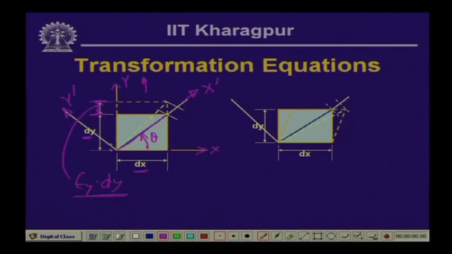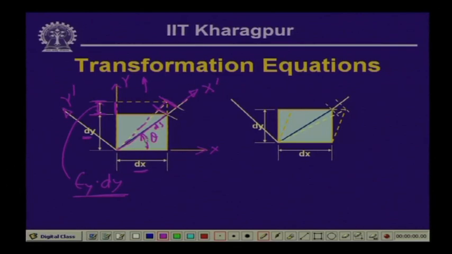So, epsilon y dy is the extension of this element, and because of this stretching the diagonal which was originally of length ds is now getting changed. The extension is given by this particular part of the diagonal.